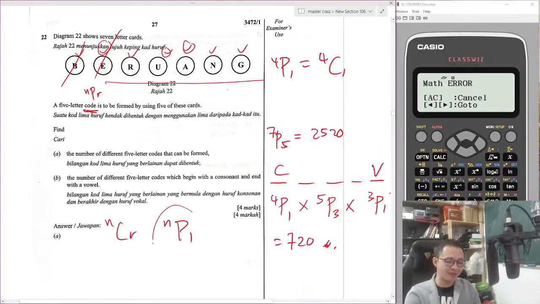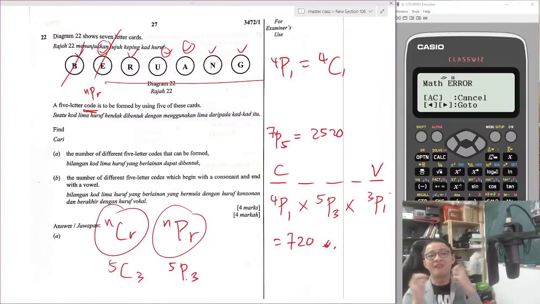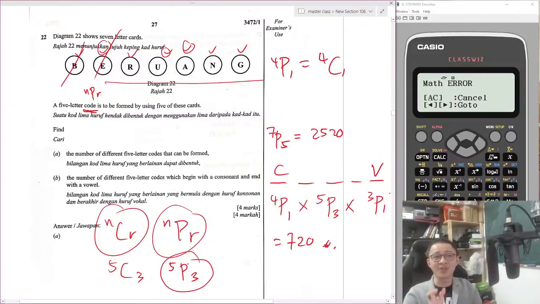But I want to tell you the difference between nCr and nPr. Let's say 5C3 and 5P3. I don't want to use 1, because 1 is the same thing and very boring. What is the difference between them? 5C3 means I have 5 items, I randomly choose 3 items, then I find the number of ways. 5P3 does the same process: 5 items, I randomly choose 3 items, and then I arrange these 3 items.